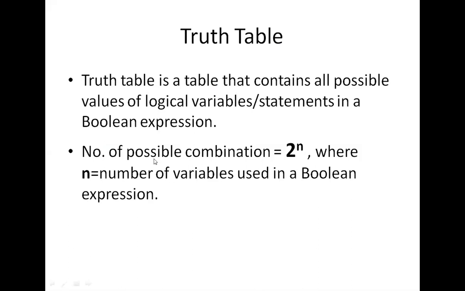For truth table there is a formula. Number of possible combinations is 2 power n.